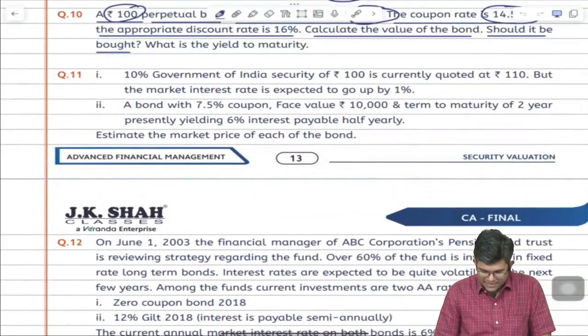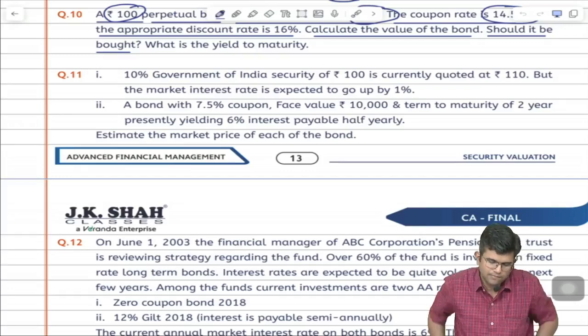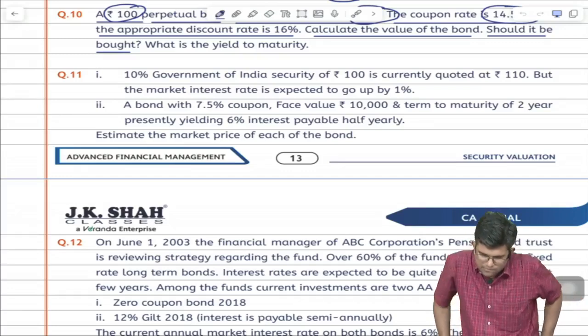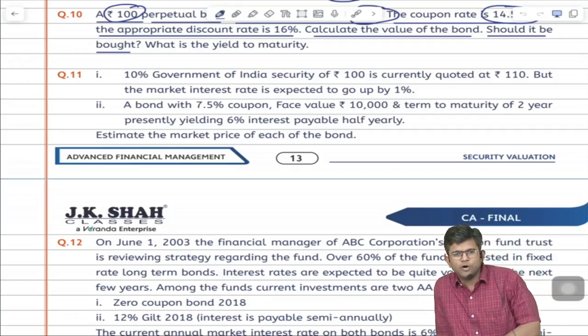Oh yes, slightly tricky. Just read and then wait for me. There are two exclusive bonds. They are not combined. They are two separate bonds.